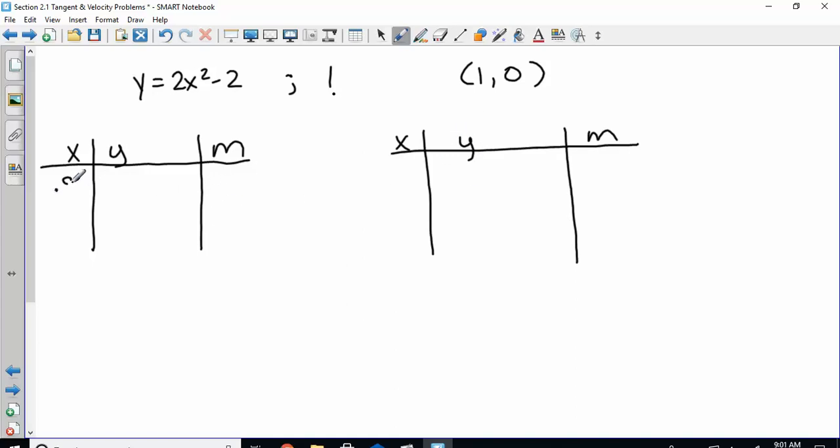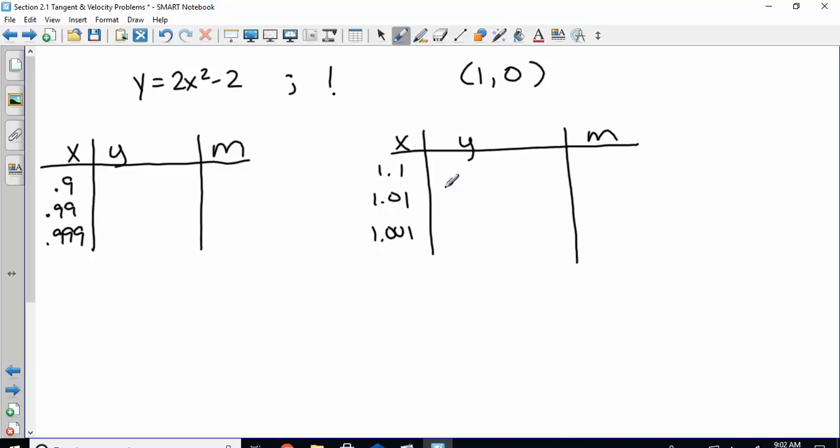So if I start at 0.9, what would be the next one closer to 1? 0.99. The next one would be 0.999. If I want things bigger than 1, I might do 1.1, 1.01, 1.001. So I'm asking 3 numbers bigger, 3 numbers smaller, but you have to make sure you are getting closer to 1. How do you find your y?